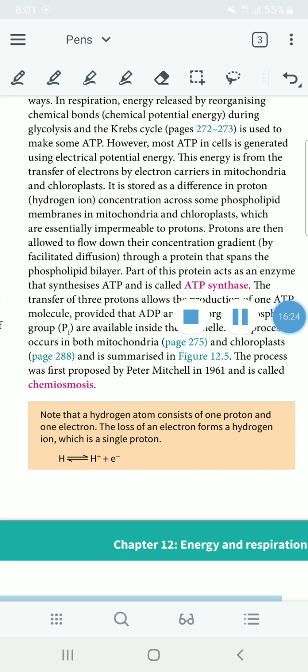The process of combining ADP with an inorganic phosphate group using three protons to produce a single ATP is known as chemiosmosis.